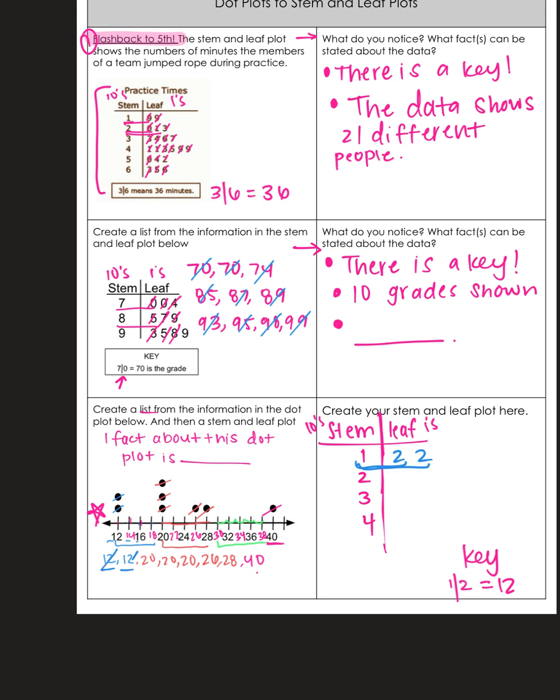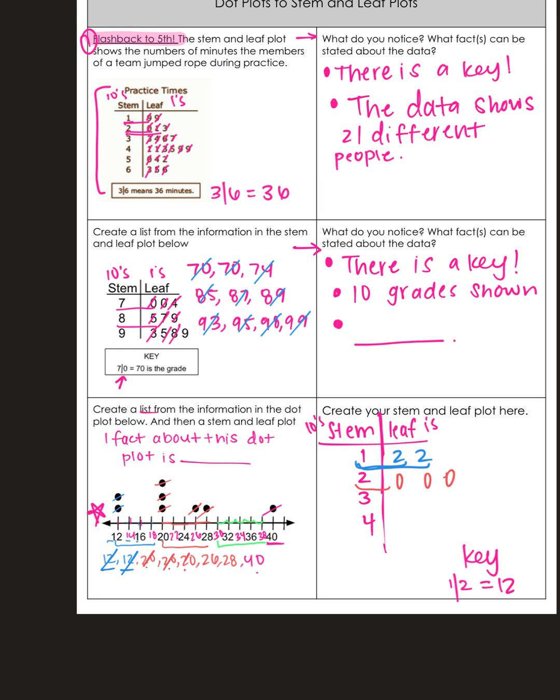I'm done with those, and I'm going to move on to the next set, which would be in my 20s. If you look very closely, you'll see I have 1, 2, 3 20s, so I need to make sure that I write those out. 20, 20, and 20. Remember, this means 20 right here, and so does the other one, and so does the other one. So I'm done writing these out.